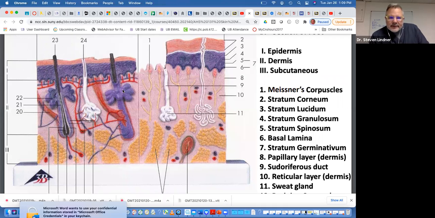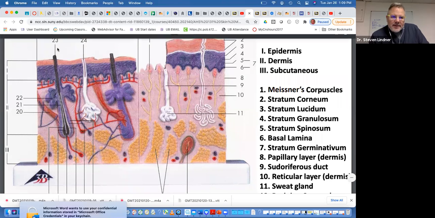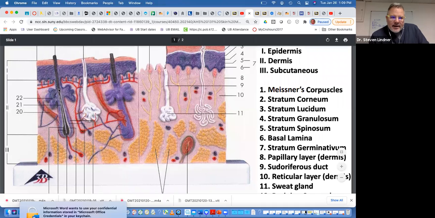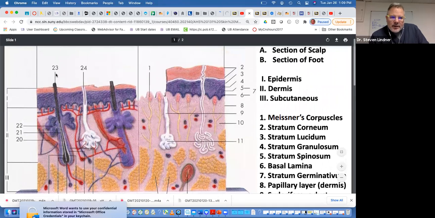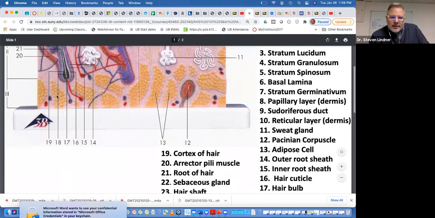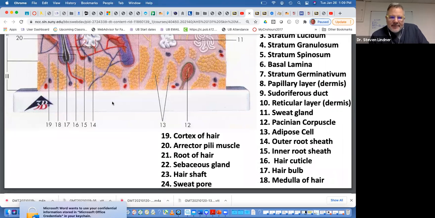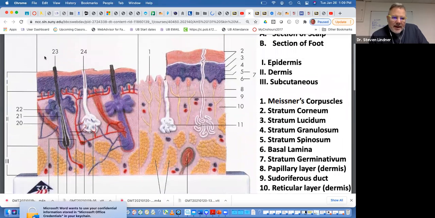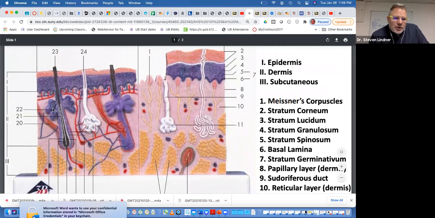Within the dermis, we see that there are a lot of accessory structures, right? If you look at this, this is the hair. If you look at number 23, 23 is the hair shaft. What surrounds it here? This is your oil gland.